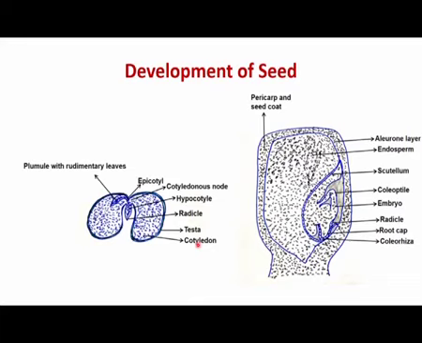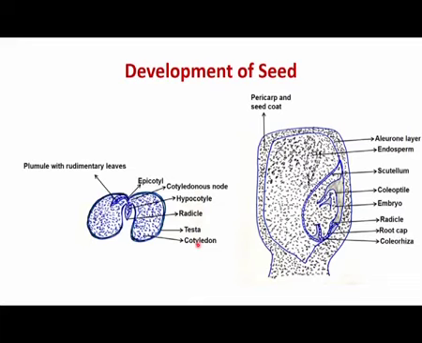For example, many types of pulses, like gram. So, pulses normally contain the food in the form of cotyledons, whereas cereals normally contain the food material in the form of endosperm.